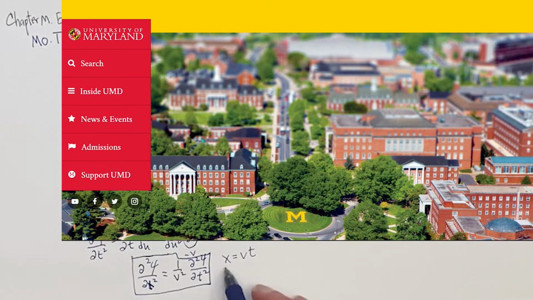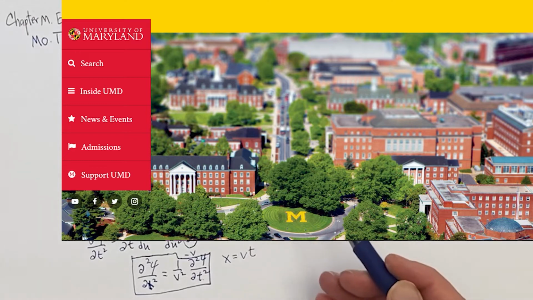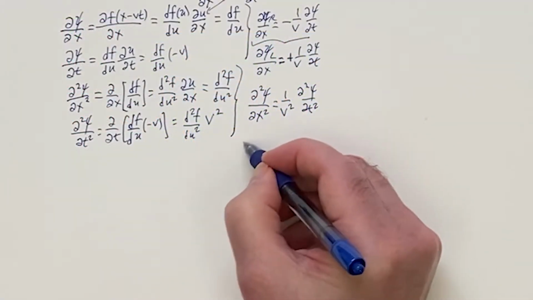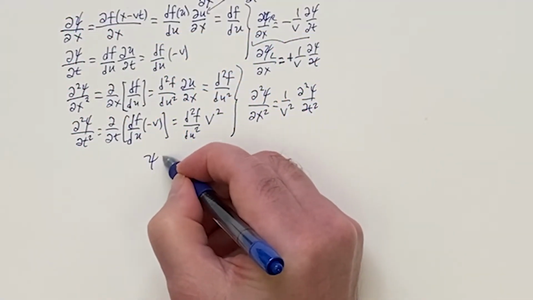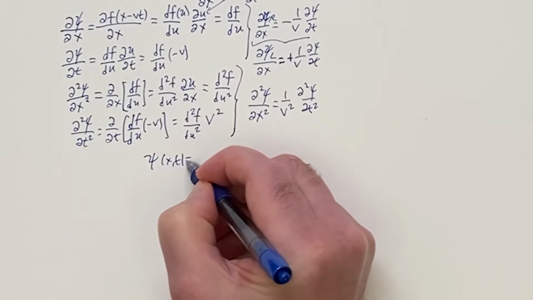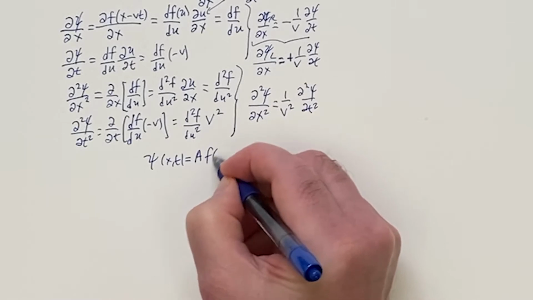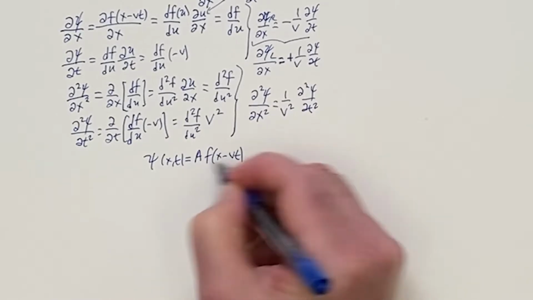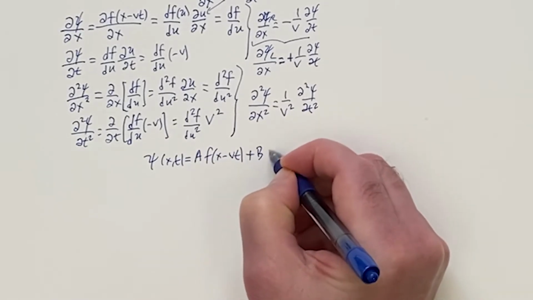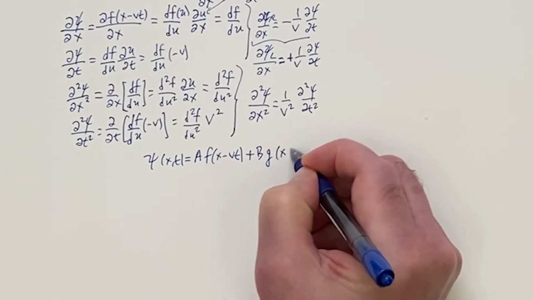Just look at this relation here. x is vt. So the v has to go with the t. And the solution would be, and with differential equations that are second order, you expect two solutions. So here is one, the wave traveling to the right, and here is a wave traveling to the left.